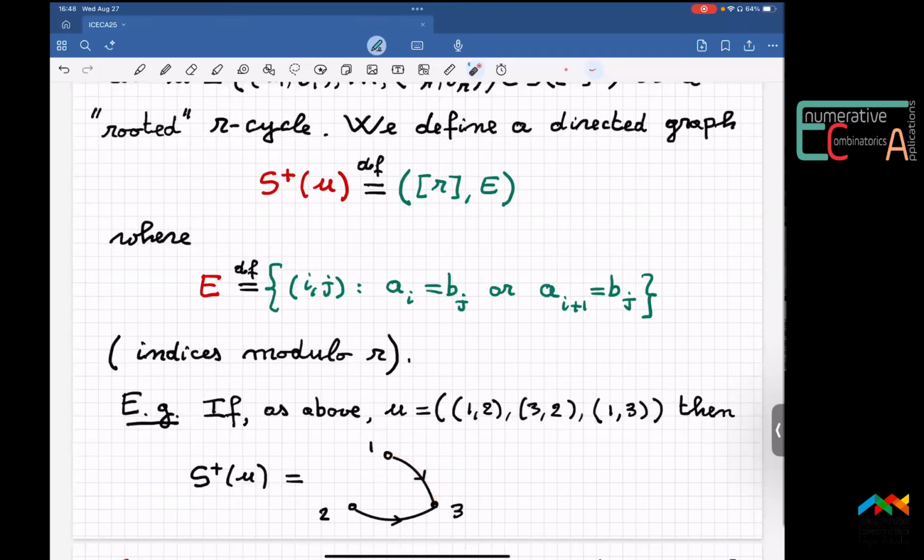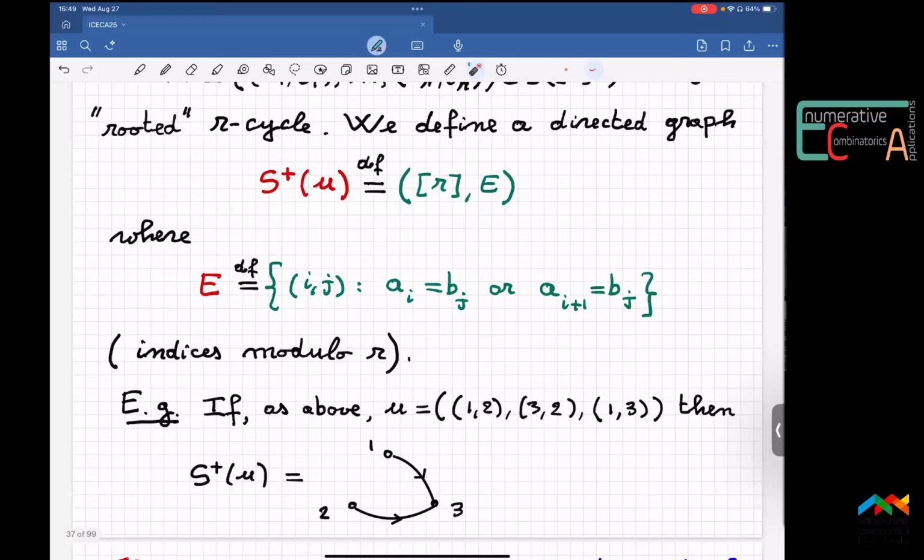What directed edges come out of vertex 2? Well, (2, j) is a directed edge if either a2 equals b_j, yes, a2 equals b3, so I have a directed edge from 2 to 3, or a3 equals b_j. I don't really need to do this, but a3 is 1, and it's not equal to any b_j.